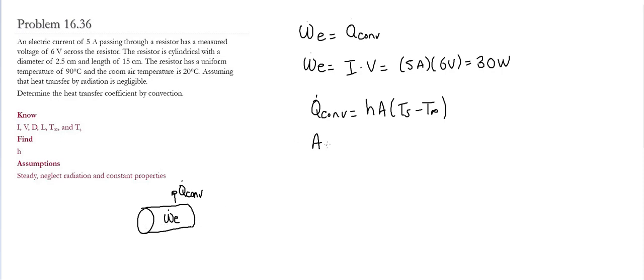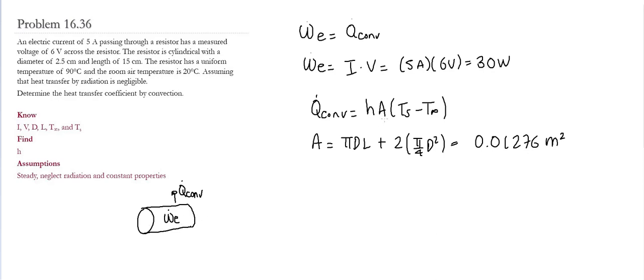So we're going to take the total area to be the surface area, which is pi d L, plus the two ends, which are 2 times the cross-sectional area of pi over 4 d squared. In this case, the area is going to give us 0.01276 meters squared. Once again, we're assuming both the surface area and both of the ends.